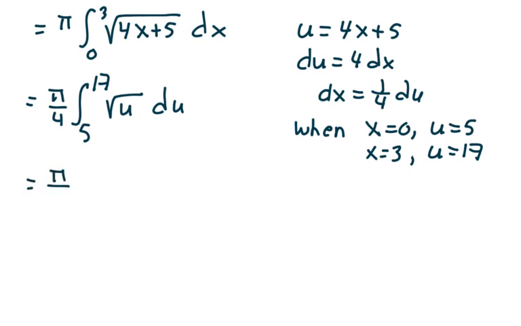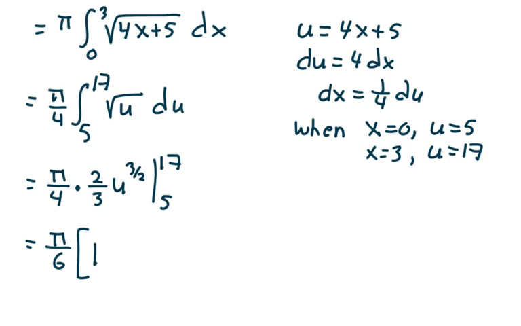So we're going to go from 5 to 17 of the square root of u du. So this is pi over 4 times 2/3 u to the 3 halves from 5 to 17. So this is pi over 6 times 17 to the 3 halves, right? I just replaced u with 17, and then I'm going to subtract 5 to the 3 halves.